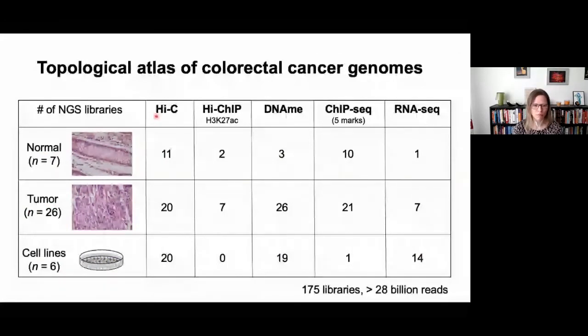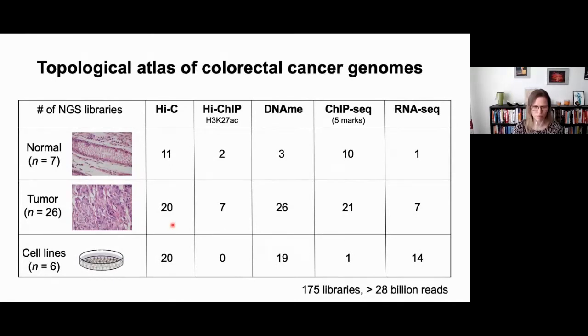This data set consists of Hi-C data, Hi-ChIP data, DNA methylation data, ChIP-seq, and RNA-seq. What I'm showing here is the number of libraries; for example, we have more than 50 libraries of Hi-C. This shows the magnitude of this study, but it also shows the opportunities for reanalysis of this data set, which I think in this kind of community we really like, sort of like free data.